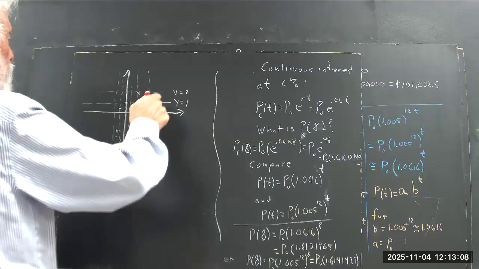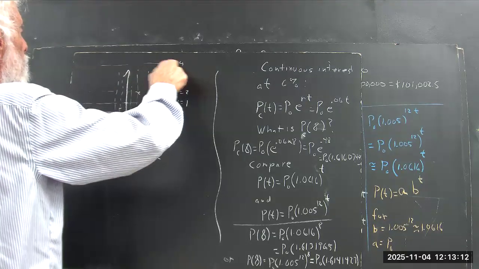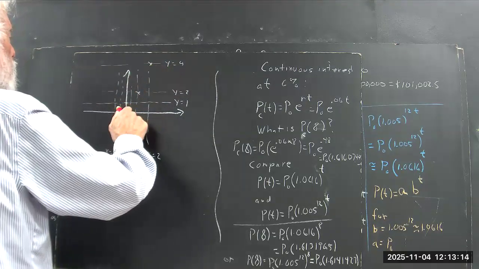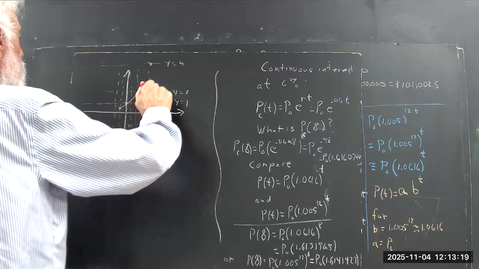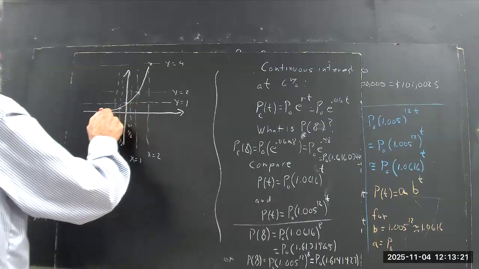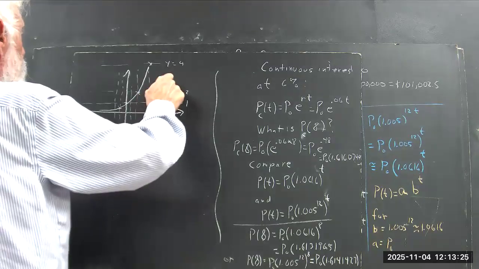That made no sense. And it equals 4 here. One half ought to be a little higher than that. So the graph is going to look like this. This is y equals 2 to the x.